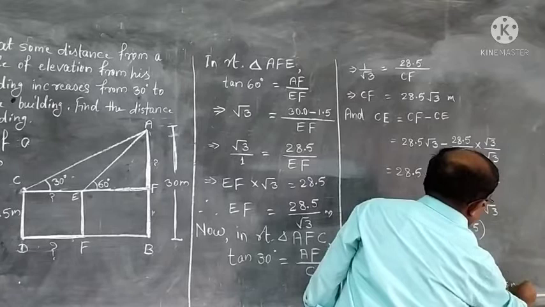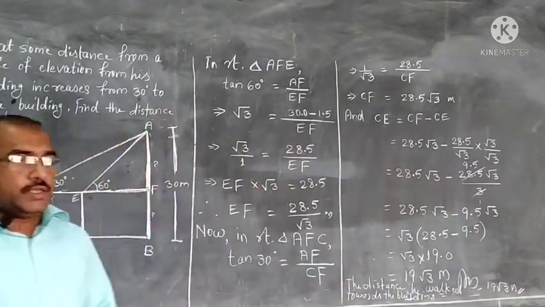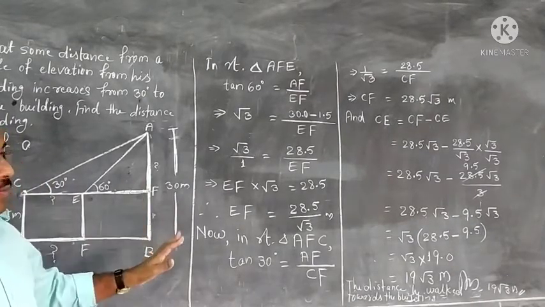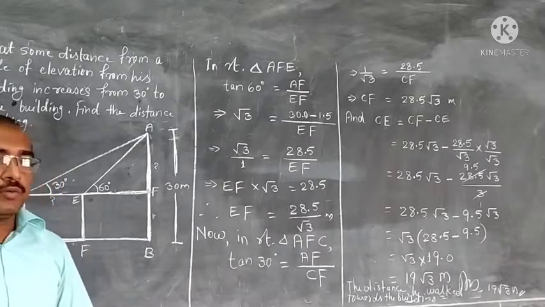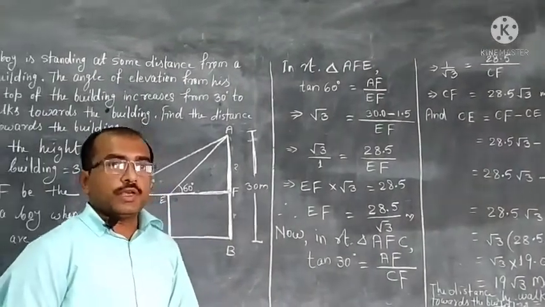You can write it your own also. Hope you have understood. Practice it nicely and learn it well. As I said in the beginning of the video, this is one of the important questions for your board exam also. See you then in the next video.